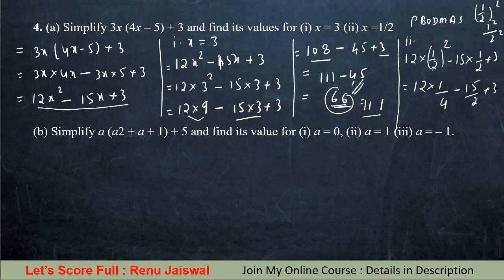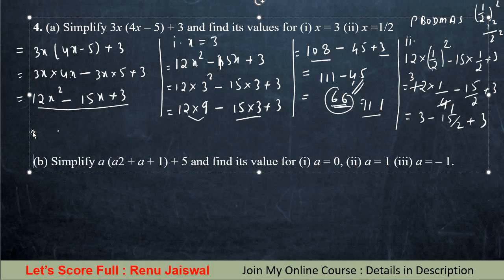We can do the cutting. This is in multiplication. Here I need to take LCM, but here I can do the cutting. So 4 ones are 4, 4 threes are 12. It is coming 3 minus 15 by 2 plus 3. Correct? Now here I'll shift this a little bit below so that I can get space to solve it. 1 minute. Yeah. So what is happening here? This and this is same sign, so it is 6. 6 minus 15 by 2.